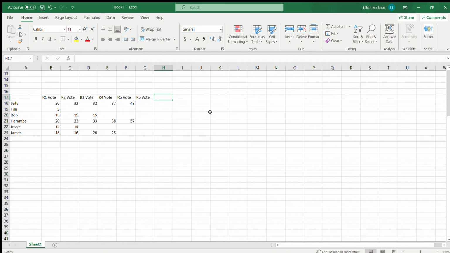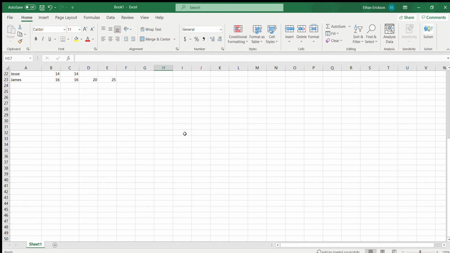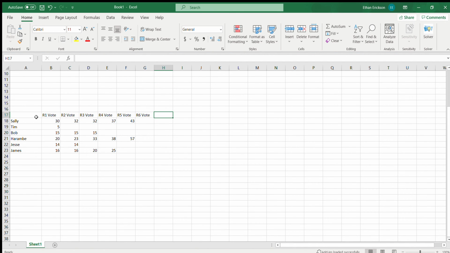What this does is it basically allows people to stick with the choices they would rather have, rather than trying to play election games where, well, I would like to vote for this candidate, but I don't think they're going to win. And I think if I do vote for this candidate, the person I really don't like is going to win. So instead, I'm going to pick the option I don't actually like as much.